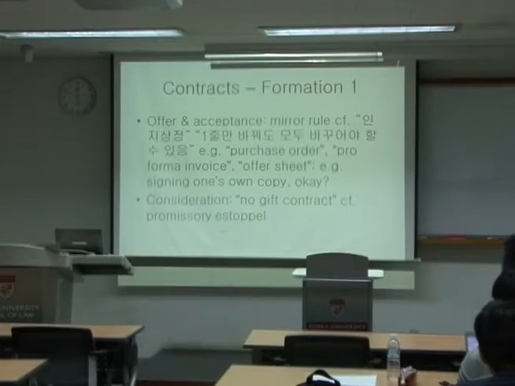Let's say as I was promising you $1 million, you were entering into these two other contracts. One loan contract with the bank, the other construction contract with a contractor.